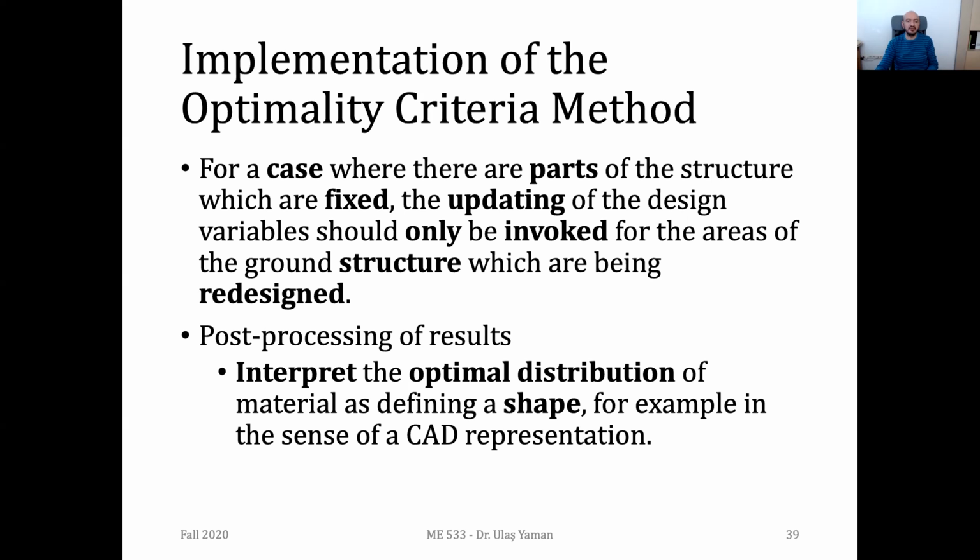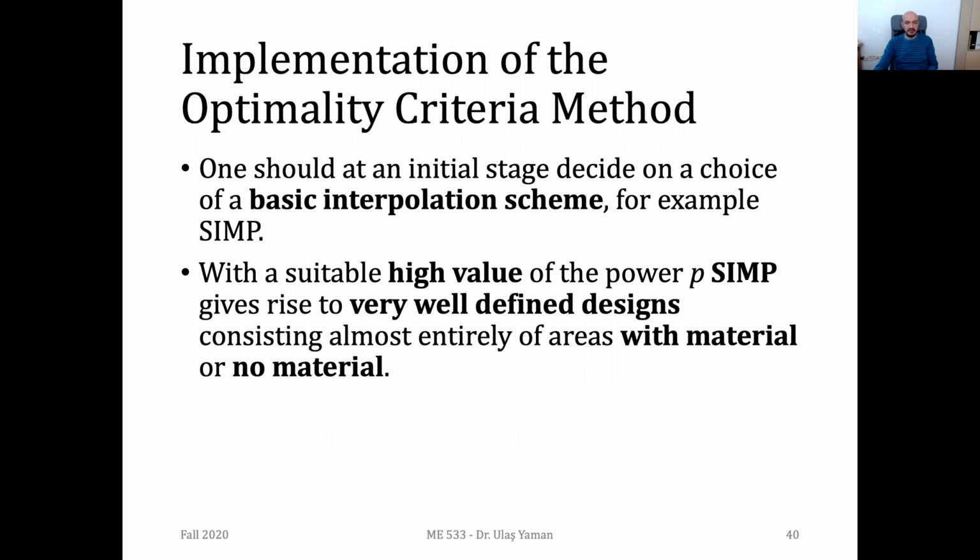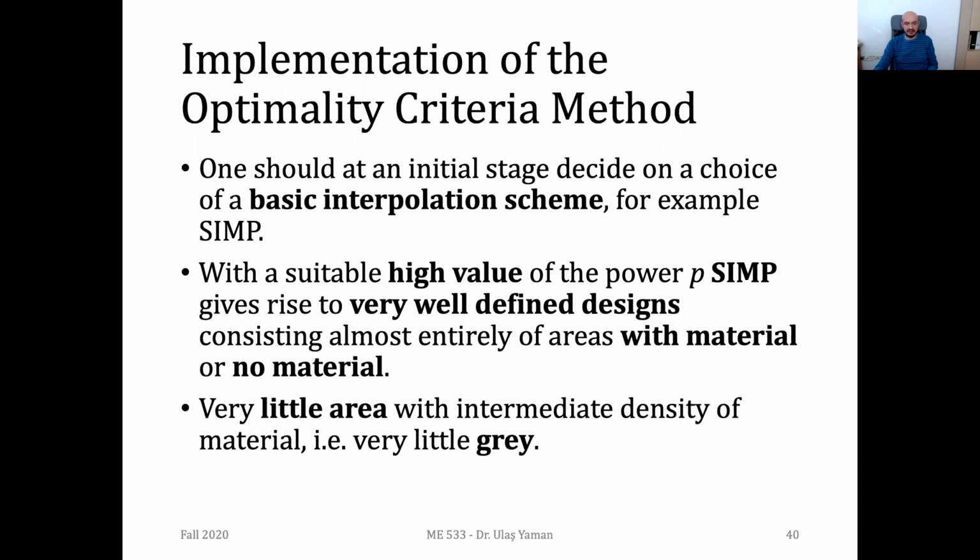It's up to you. You may just prefer to go with the result of the optimization directly, but it's better to do some post-processing according to your fabrication technology. So these are the things we discussed.